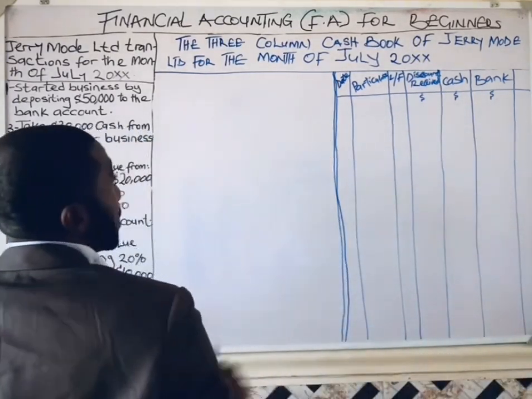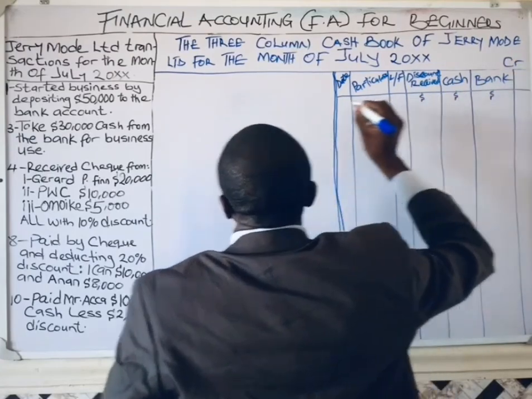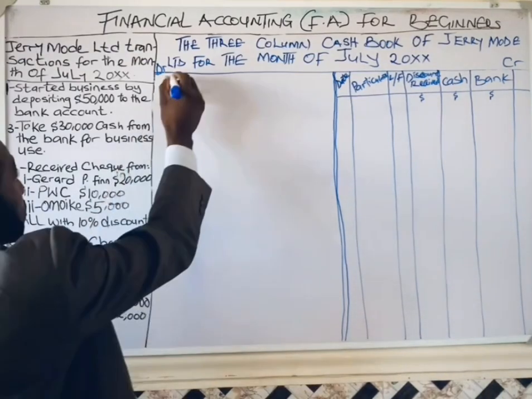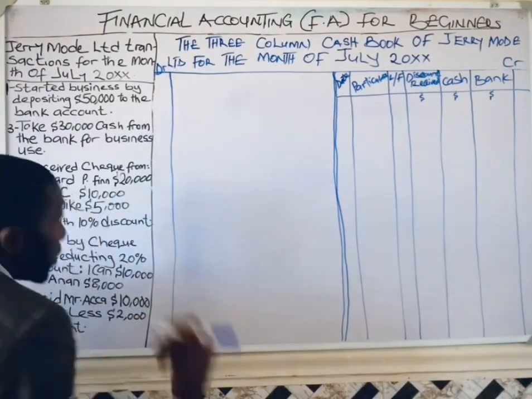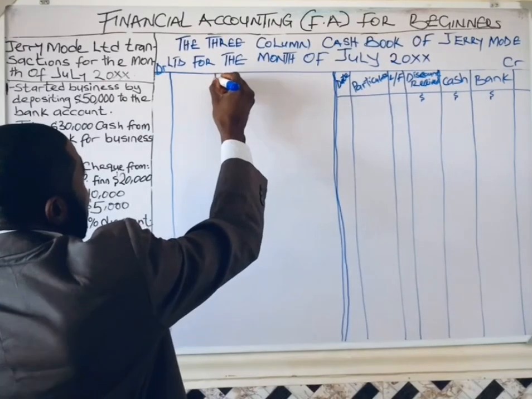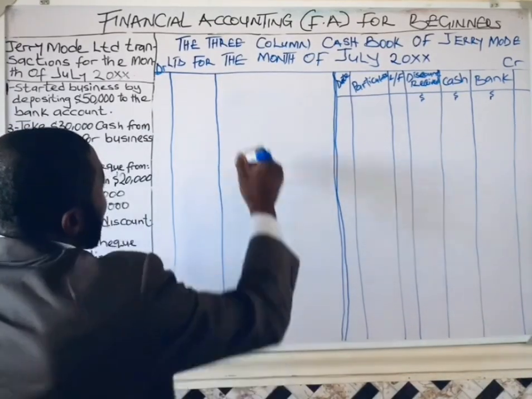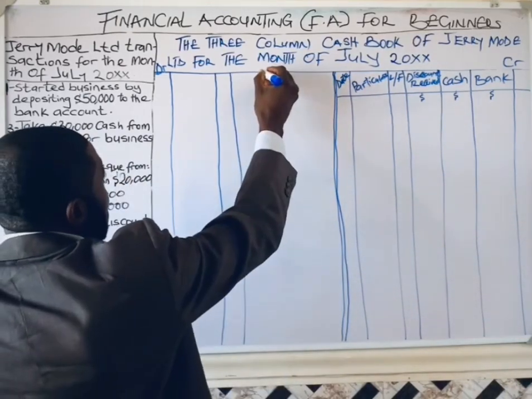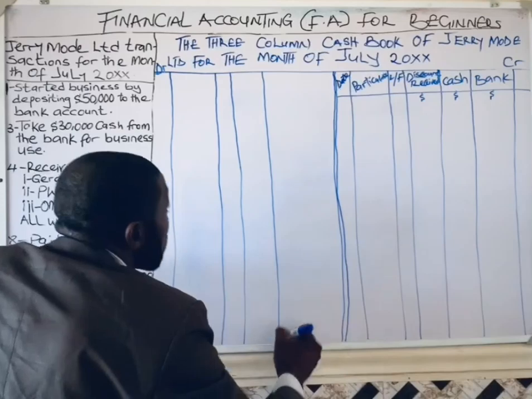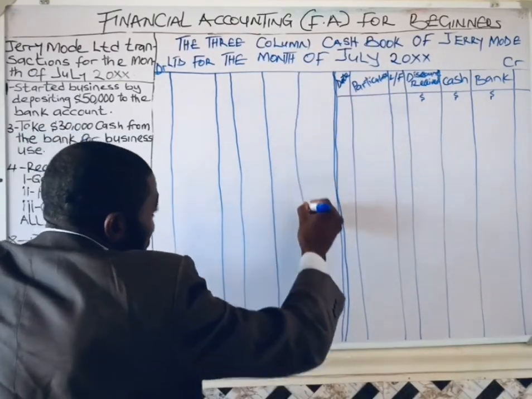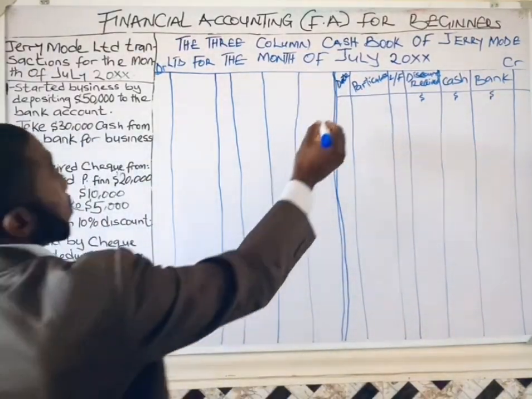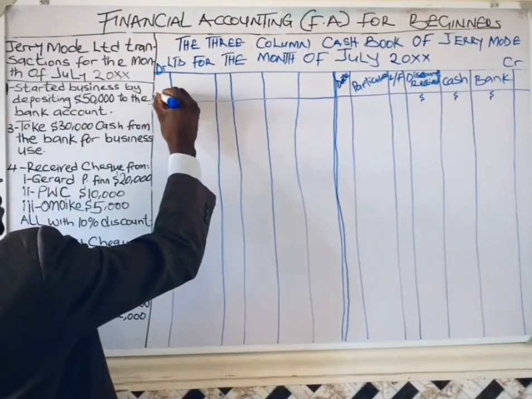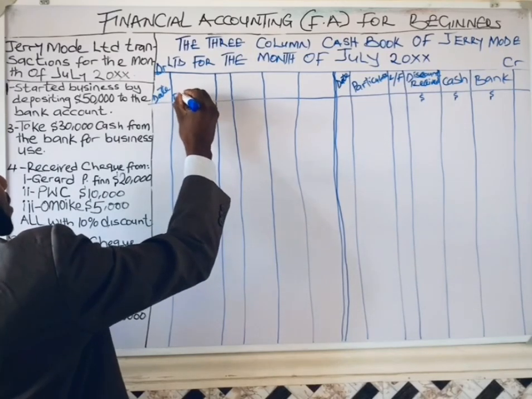So we come to the debit side. This is the credit side of the cash book, and this is the debit side of the cash book. On the debit side, we have date, particulars, ledger folio, discount allowed, cash, and bank. So you rule it.